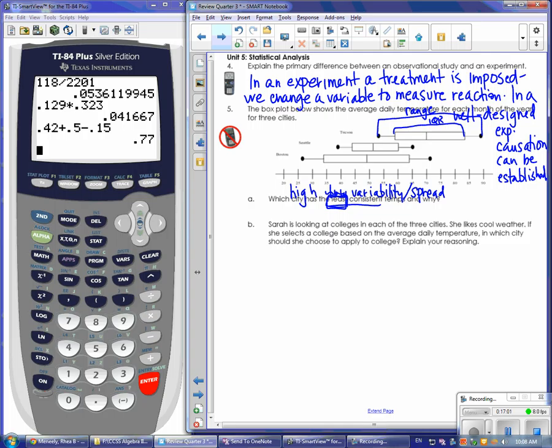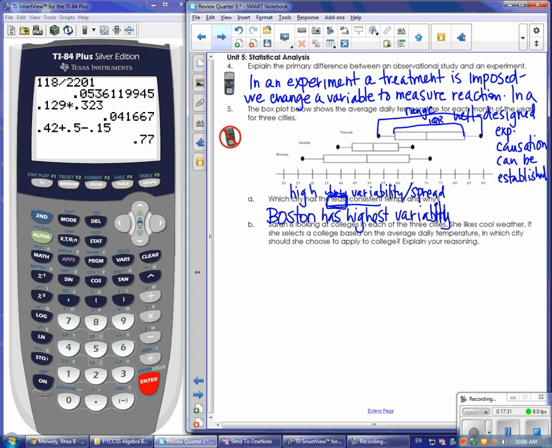If something's not consistent, that means it's constantly changing. And so if we're looking for the temperatures that are constantly changing, whether I look at the range or the interquartile range, I think it's pretty obvious that Boston has the highest variability. I spelled that wrong.